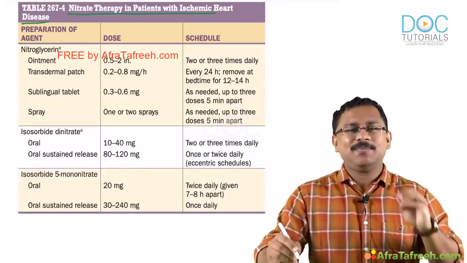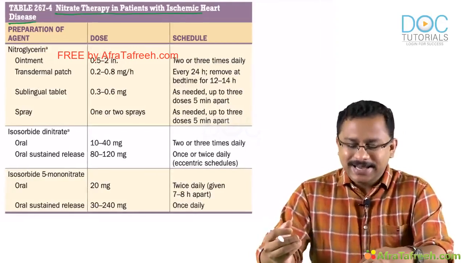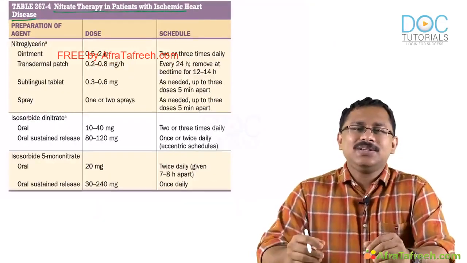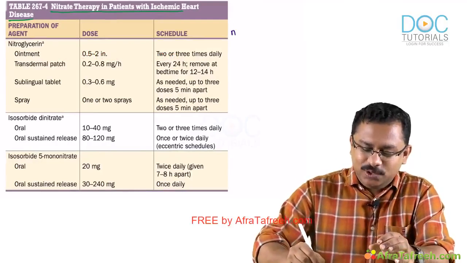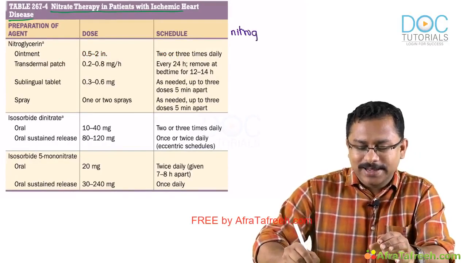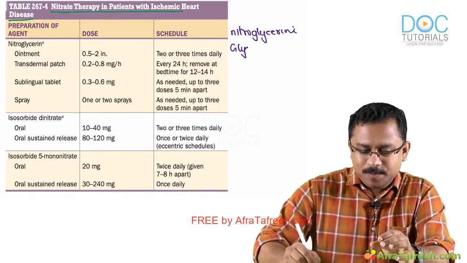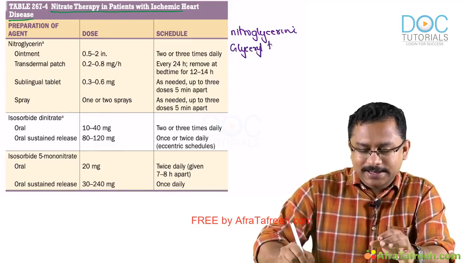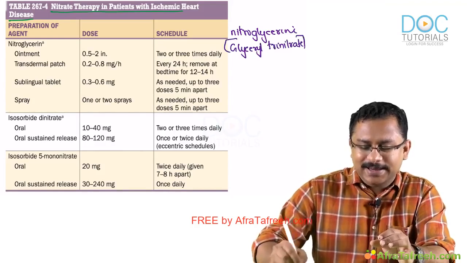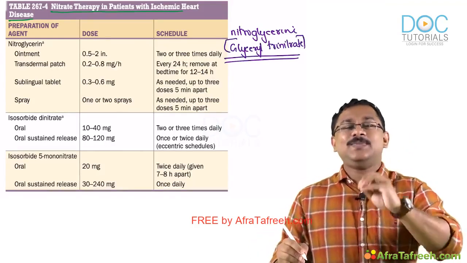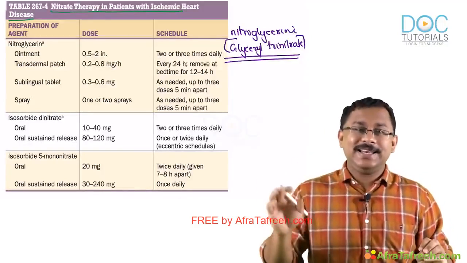So remember that some of the nitrates that you have in clinical practice are short acting and some of them are long acting. The short acting nitrates, especially nitroglycerin, which is nothing but glyceryl trinitrate, is mainly used in the abortive management of an anginal chest pain.